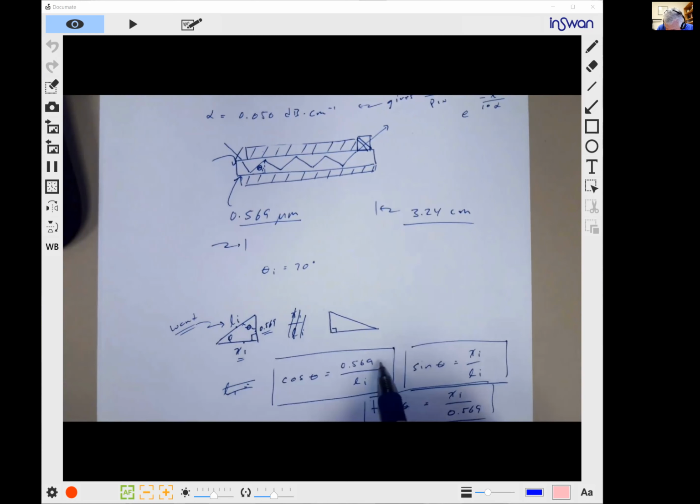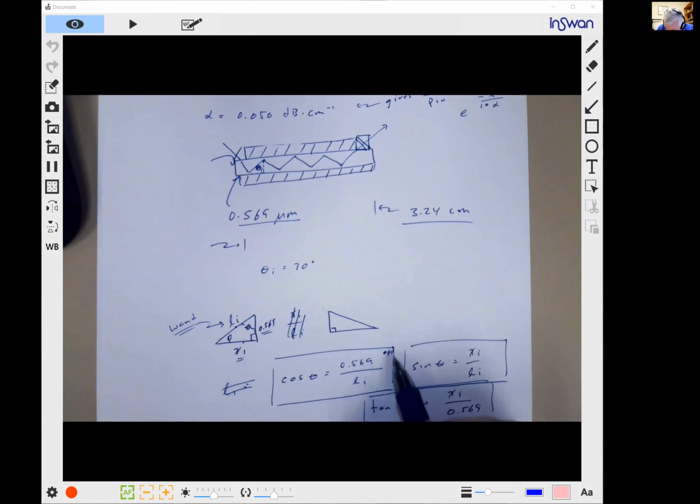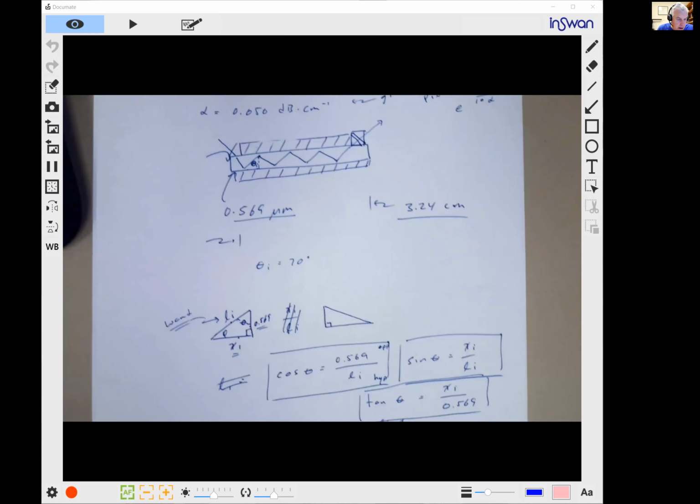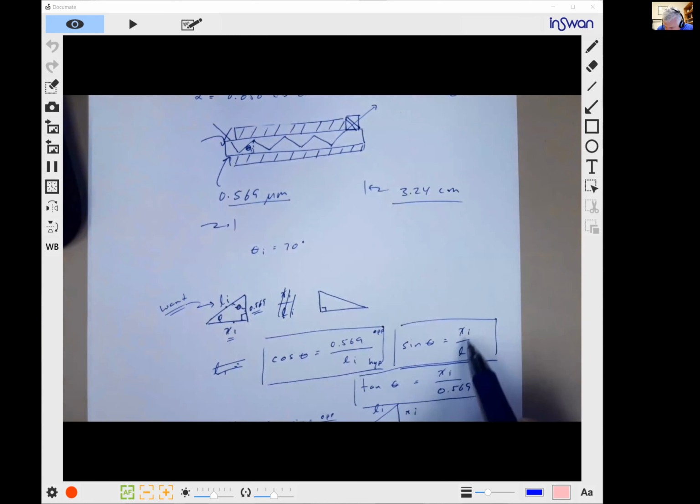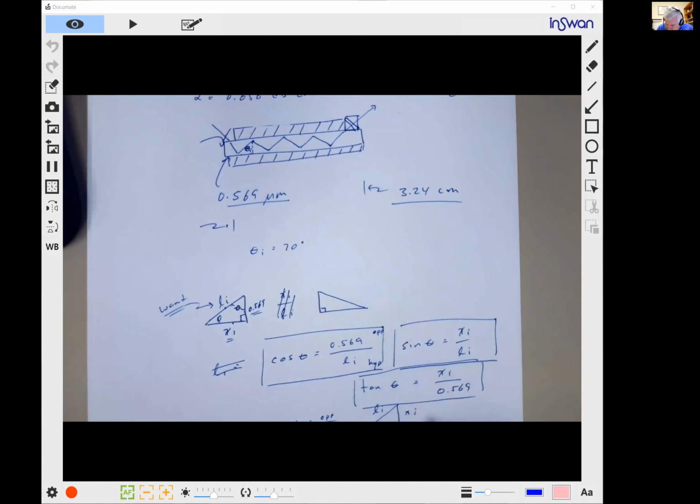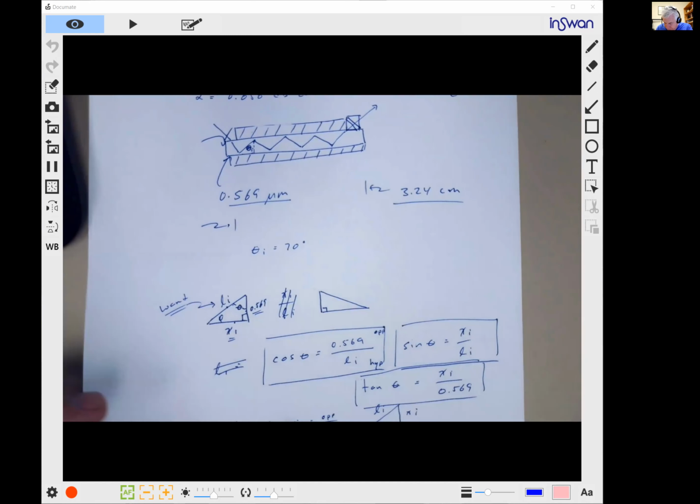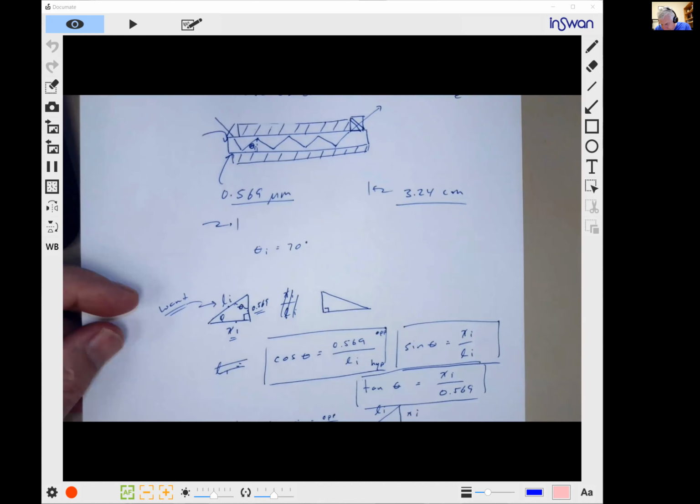This is opposite over hypotenuse. And so that's what that looks like. And then I don't know if it's relevant or not, the tangent there is also true.